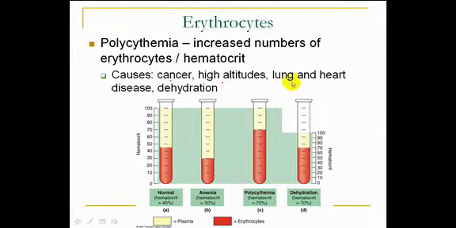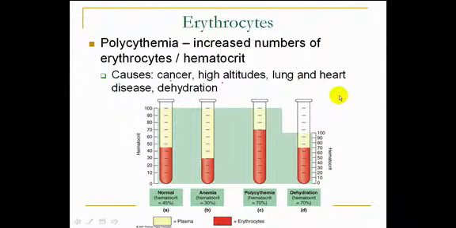And then any lung and heart disease, because if you have lung disease and you're not taking in enough oxygen, or heart disease where you're not pumping blood efficiently, your body might read that as the tissues aren't getting enough oxygen, and it might stimulate erythropoietin production.